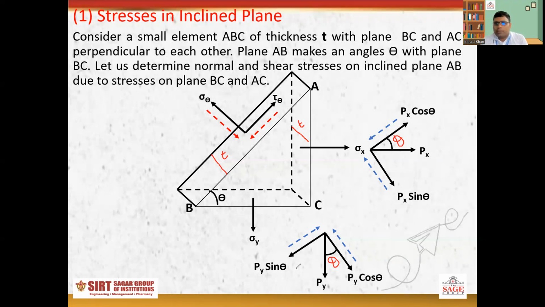This is a simple arrangement of resolution of forces, which helps us get the value of normal and shear stress on the inclined plane. Let's erase all this. Hope you understood these things. If you remember this resolution of force, we can easily get the solution of this particular case.